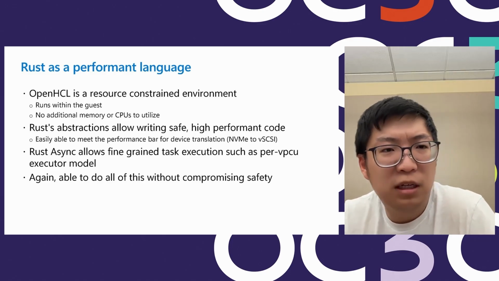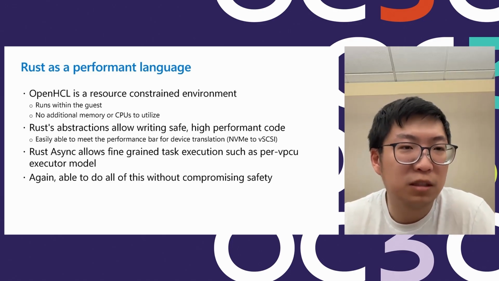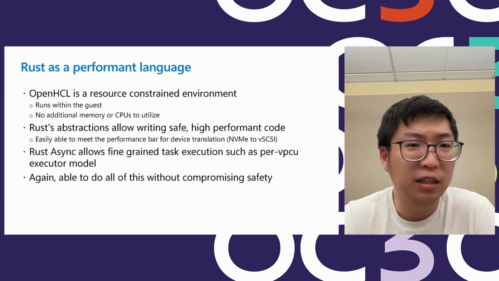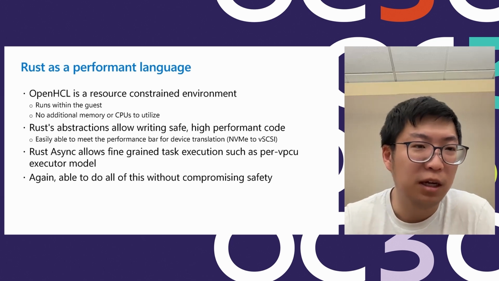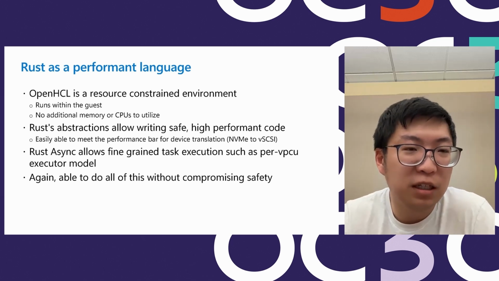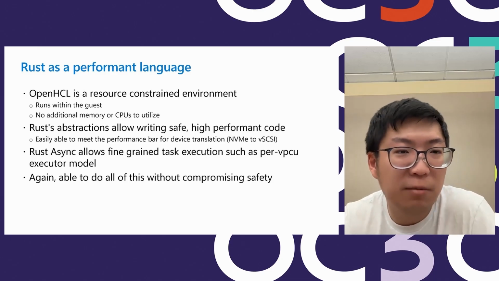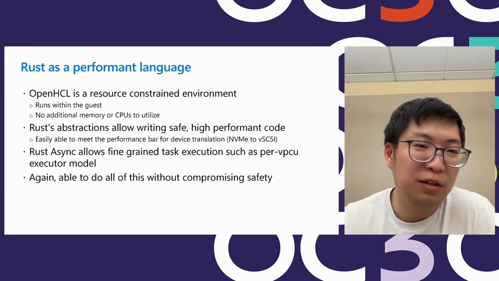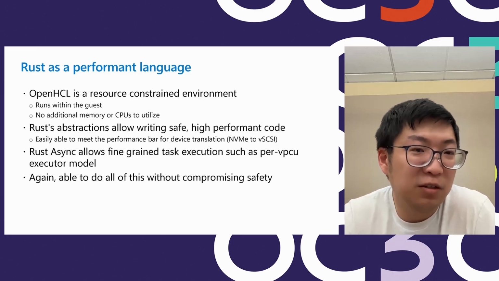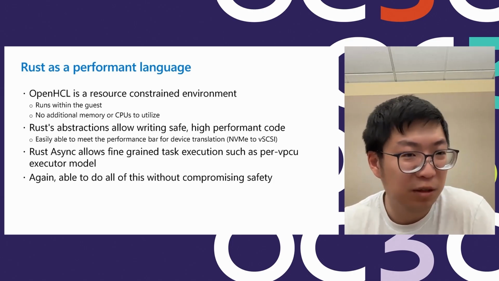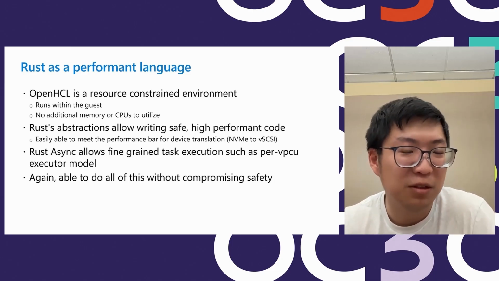So we're heavily incentivized to keep the environment as lean and as fast as possible. And Rust allows us to really write that safe, high-performing code and do these complex things, with the performance we need to be on the I/O hot path without compromising on safety. For any of those that have written C and C++, it's very difficult to write correct C and C++ in a multi-threaded environment where performance is really important.